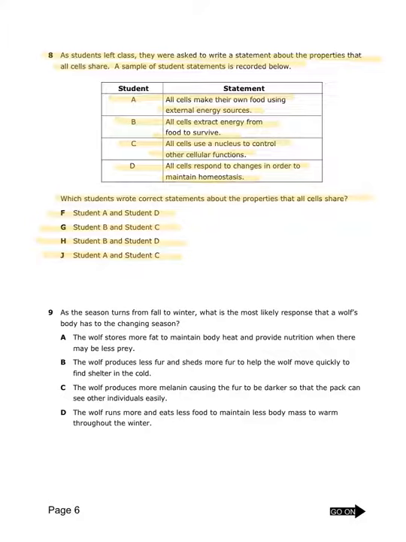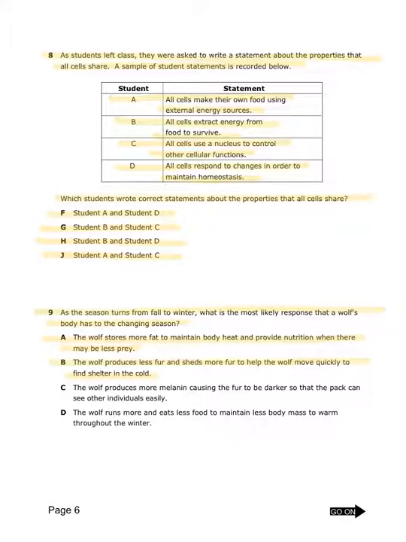Number 9. As the season turns from fall to winter, what is the most likely response that a wolf's body has to the changing season? A, the wolf stores more fat to maintain body heat and provide nutrition when there may be less prey. B, the wolf produces less fur and sheds more fur to help the wolf move quickly to find shelter in the cold.